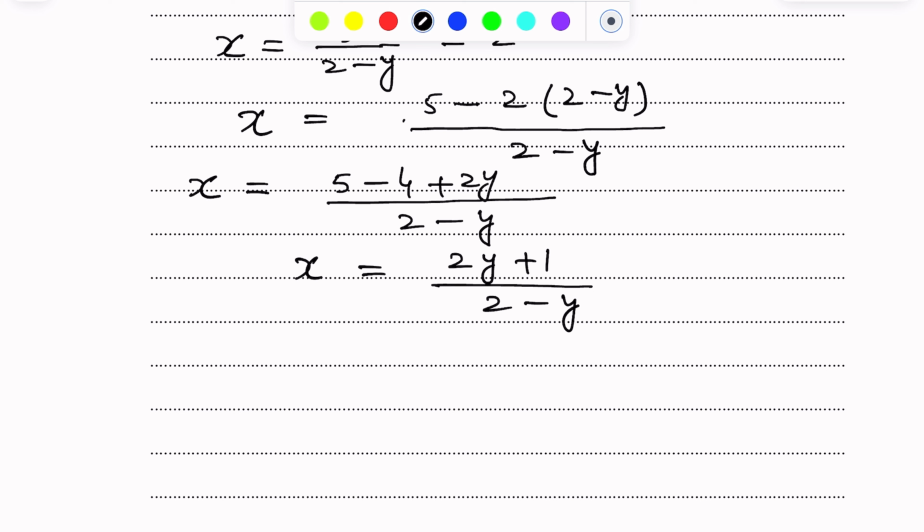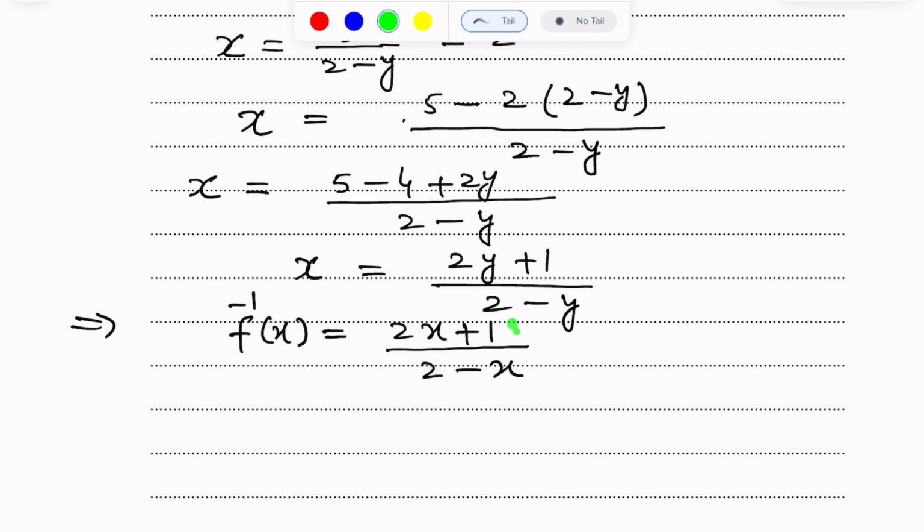Now f inverse of x will be, replacing y by x, equal to (2x + 1)/(2 - x). This is f inverse of x.